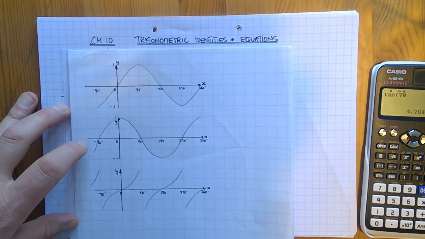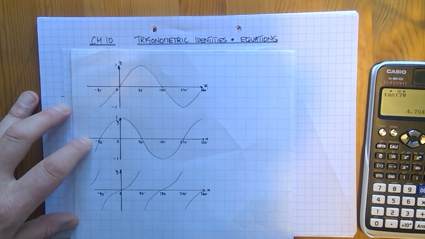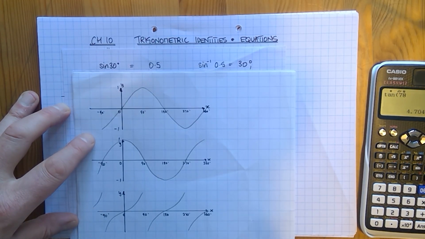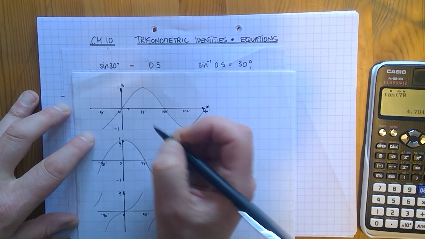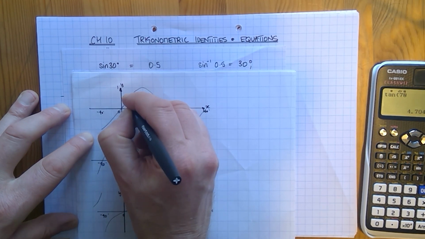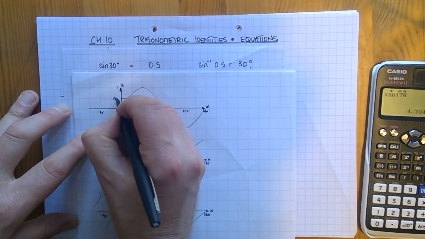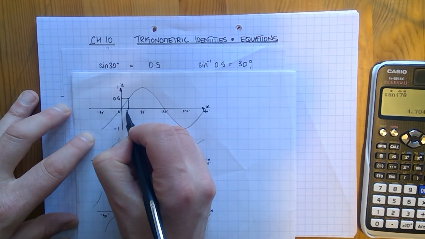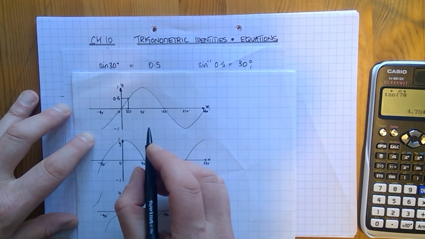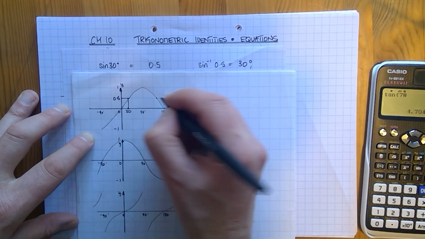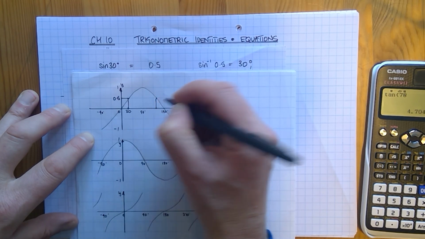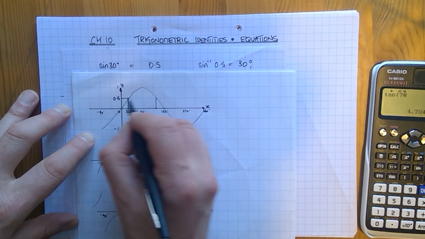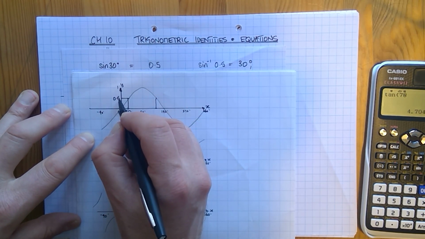You can see this makes sense if you have a quick look at the graphs for sine, cos and tan. Here's sine. So let's look at sine of 30. Sine 30 is around about here, and that will give me 0.5. So far so good, this is 30. But what about this value here? There's another angle here, which will also give you a value of 0.5.